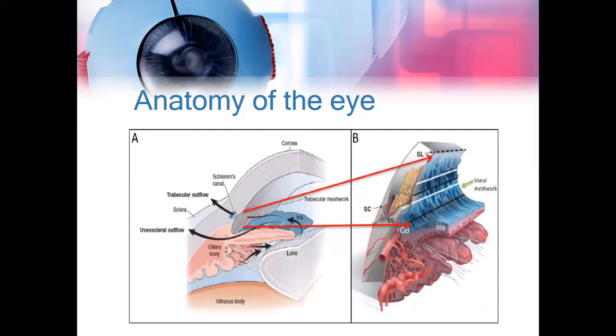And here, if you can see it, there are a lot of holes, like points that are actually holes through which the aqueous humor, which is in the anterior cavity, goes and connects into the Schlemm's canal, which is the main one here.